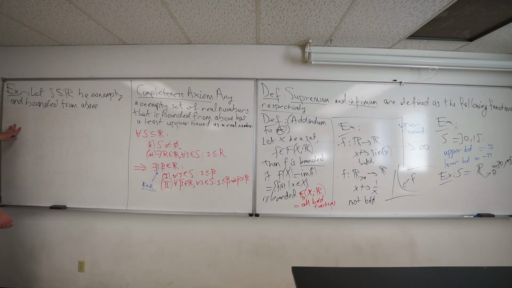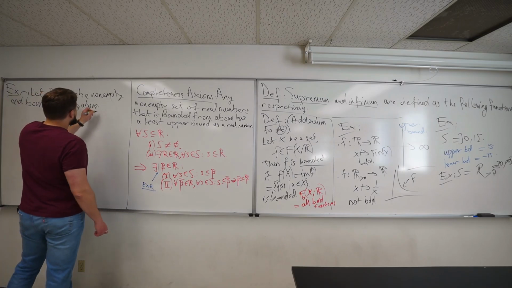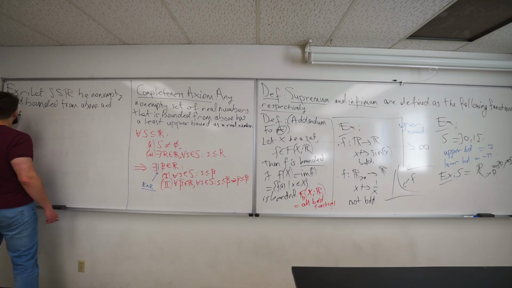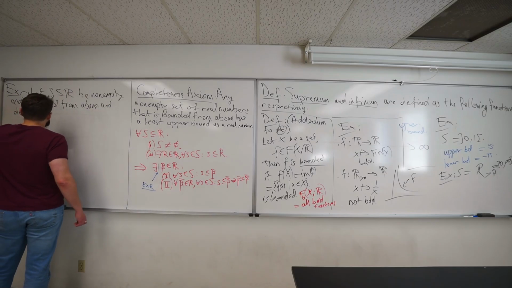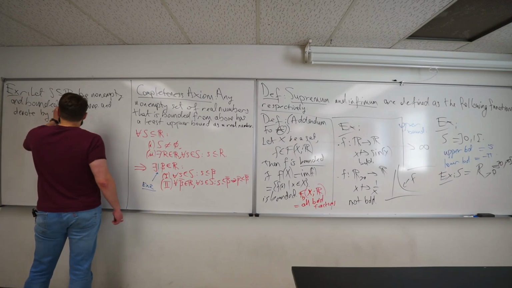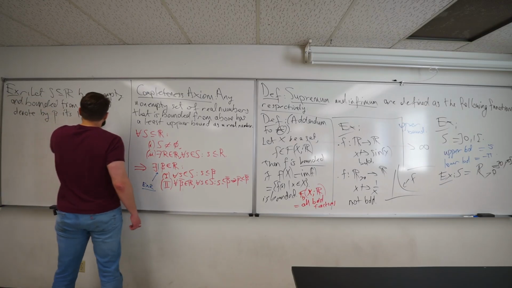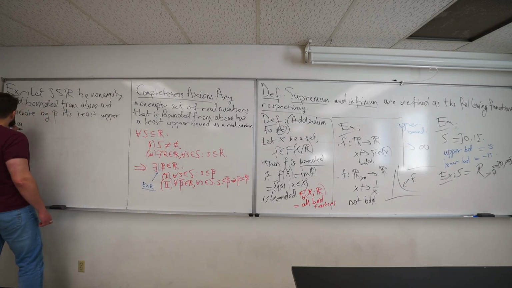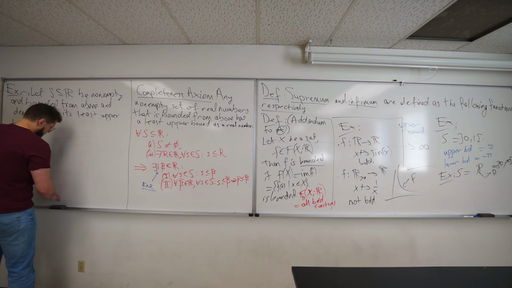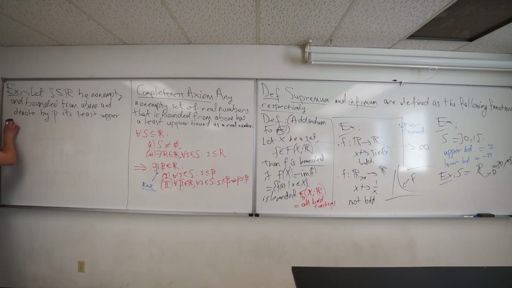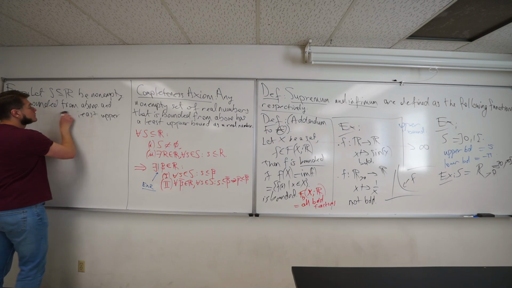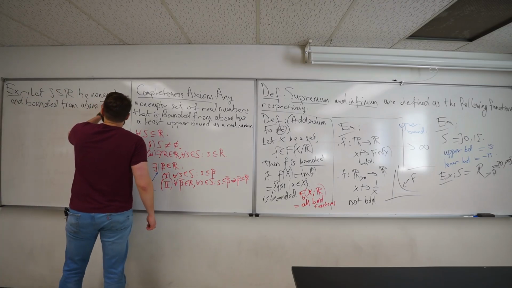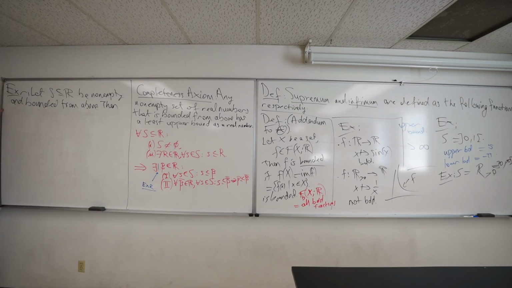The exercise I had in mind here is this. And denote by beta its least upper bound. Oh, I don't want to say it like this. I should say it like this. Then, let's say we use beta there.